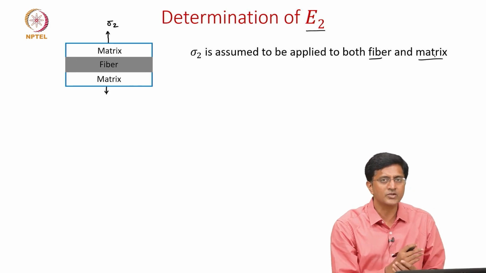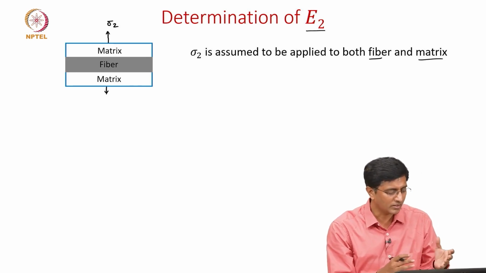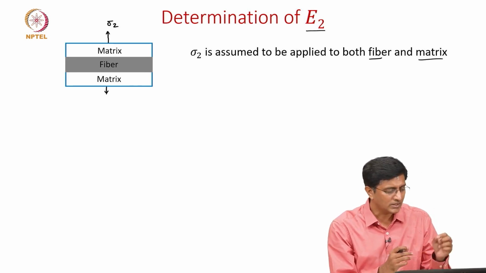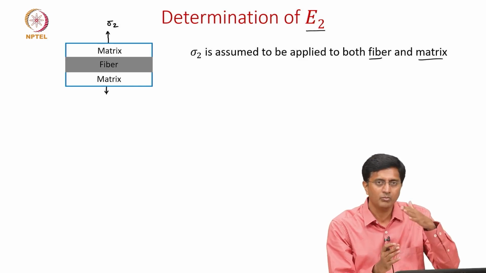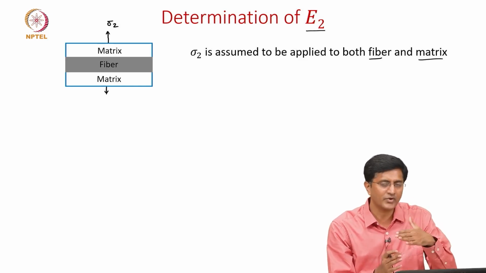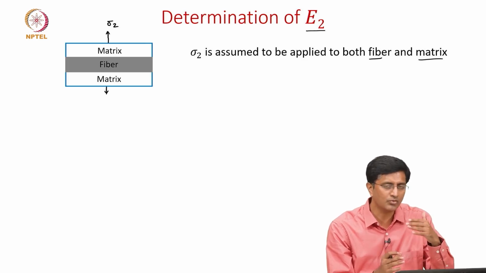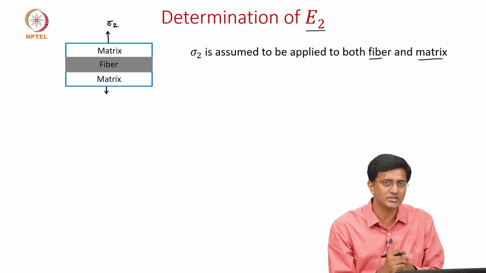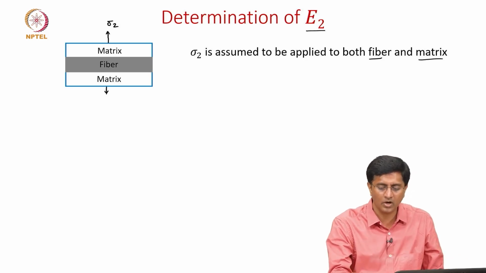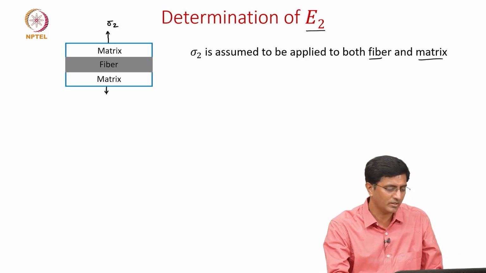And this is also a reasonable assumption, because looking at the way the loading is, the same stress will be applied both on matrix as well as fiber equally. Here there is no distribution of the load. Instead, we have an equal application of the load for both matrix as well as the fiber. Now let's see how this changes the final relation.